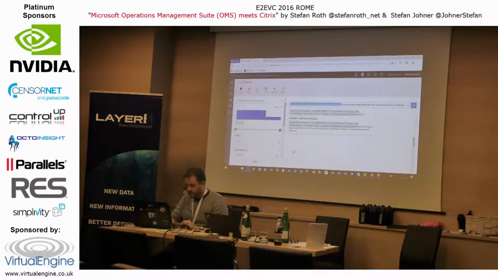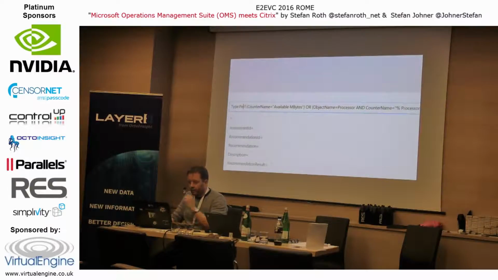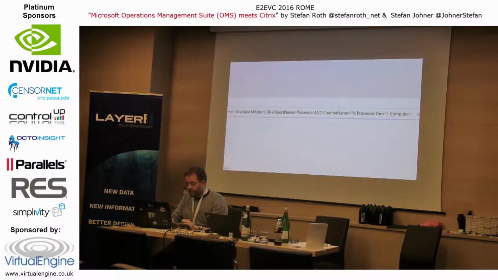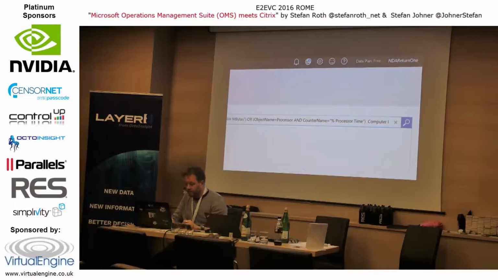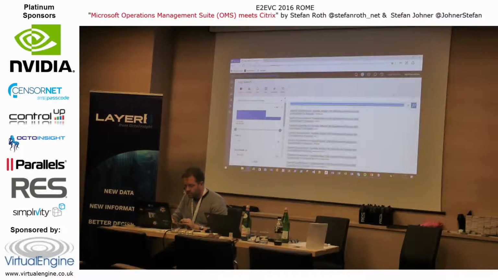So let's have a closer look at it. I used type perf, and counter available megabytes, or object name processor and counter processor time per computer. And then it goes here to the next one.